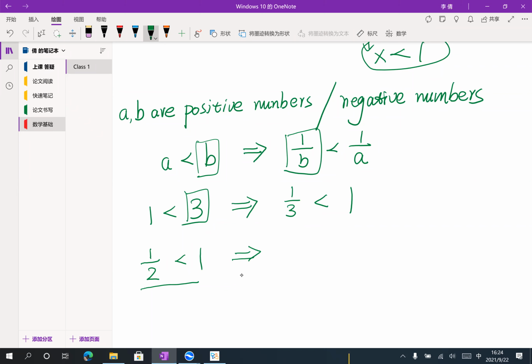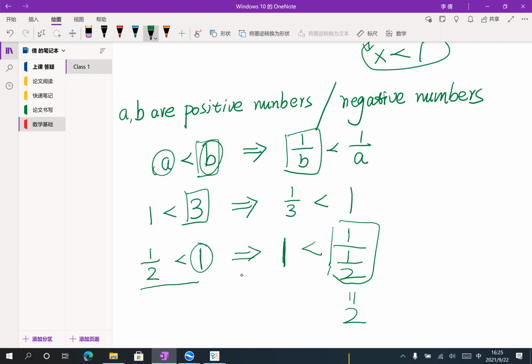From this, let's see, if this is number A and this is number B, the reciprocal of 1 is 1, and this reciprocal is smaller than 1 over 2, right? Yes. The reciprocal of 1 over 2 is equal to 2, right?